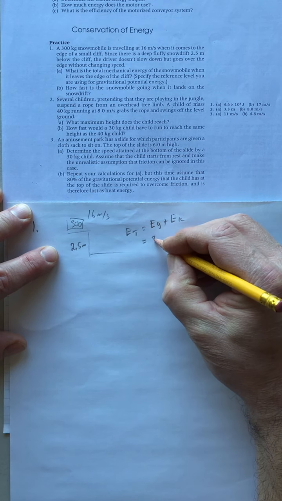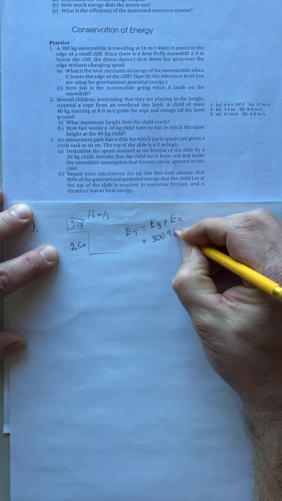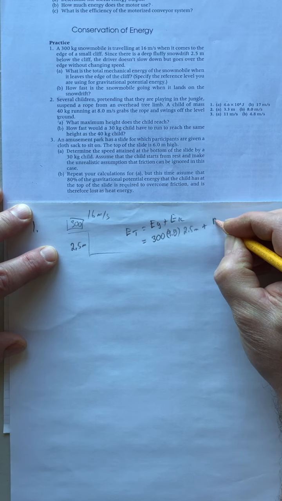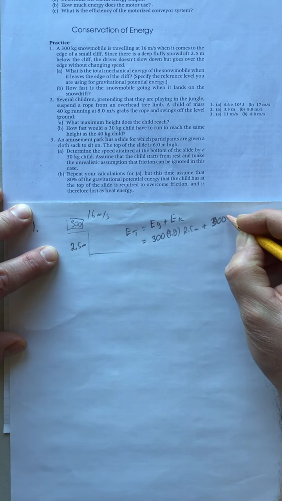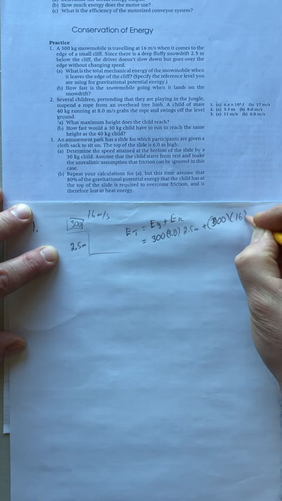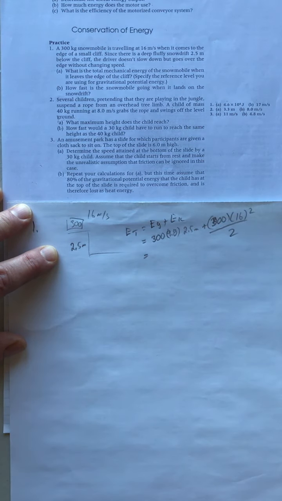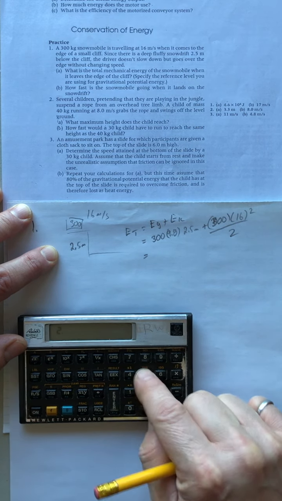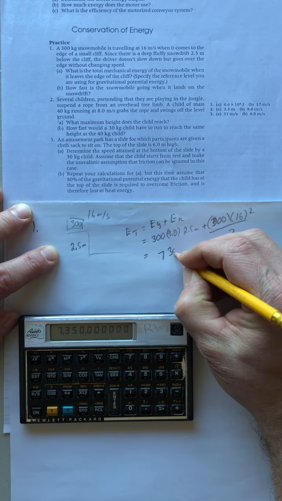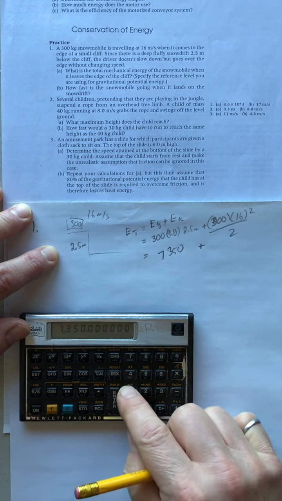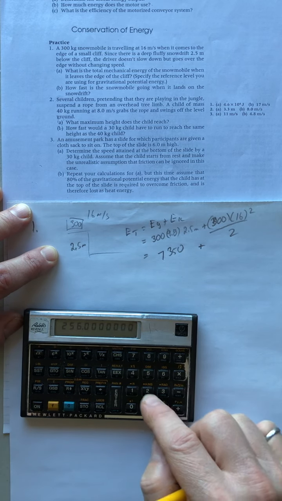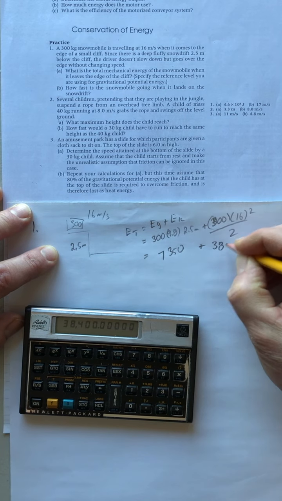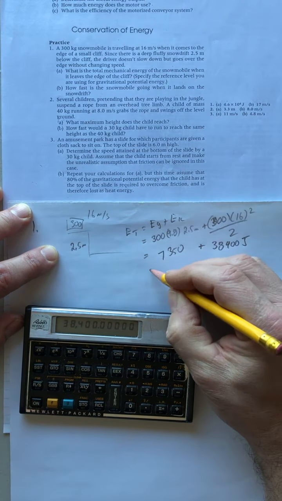EG would be mgh, so 7,350 joules of potential energy. And EK would be mv squared over 2, which is 300 times 16 squared all over 2, giving 38,400 joules of kinetic energy.